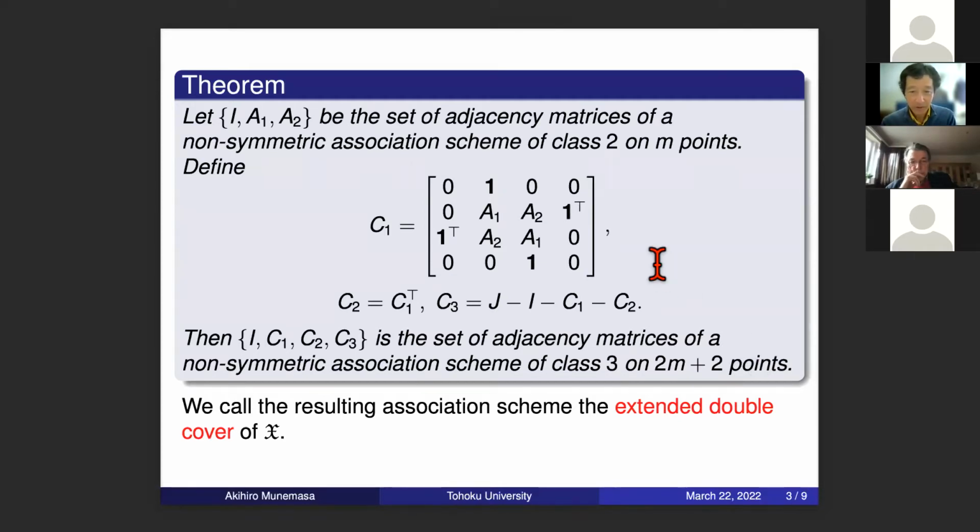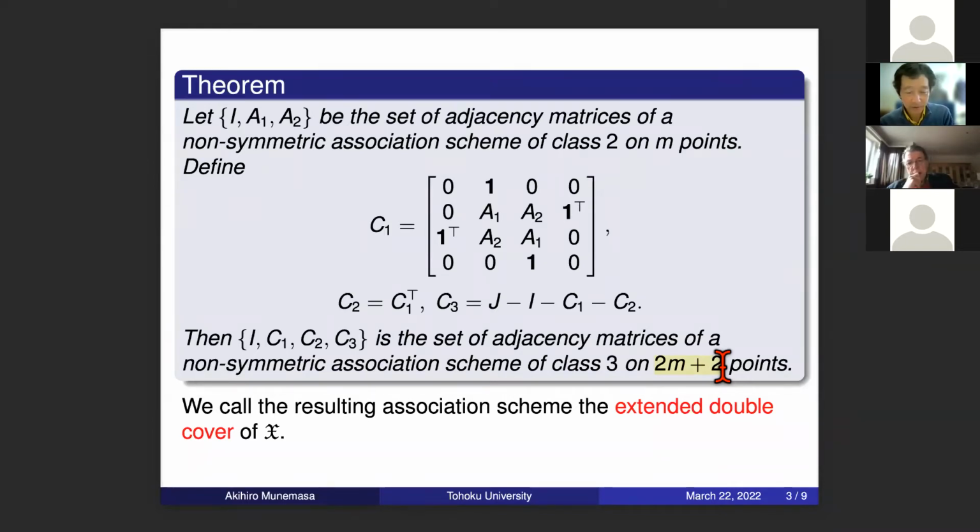So each of these matrices, A1, A2, is an m by m matrix with entries 0 and 1. We add just one row and one column, so the total number of rows or columns is 2m plus 2. So C1 is a square matrix of order 2m plus 2, constructed from A1, A2, and 0s and 1s.